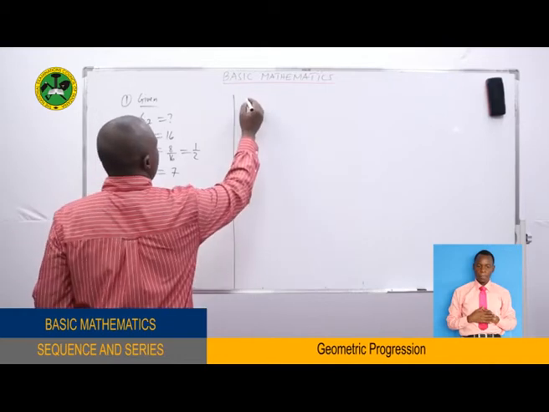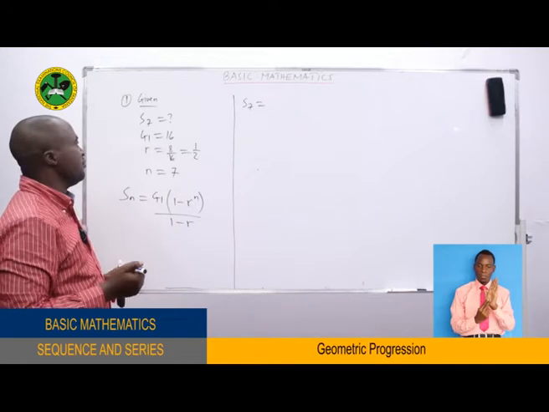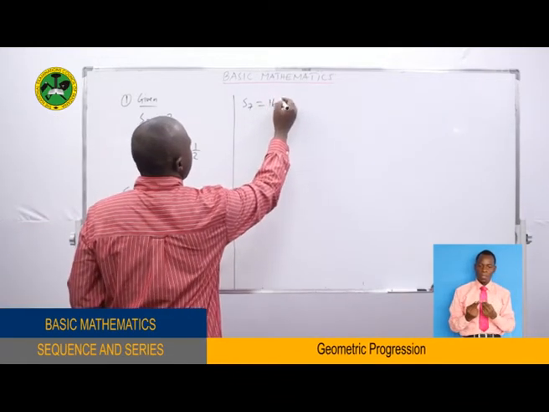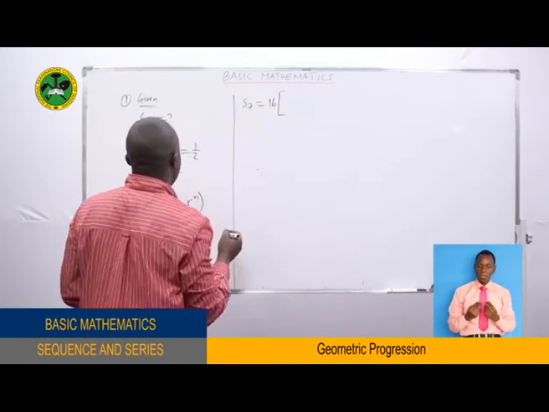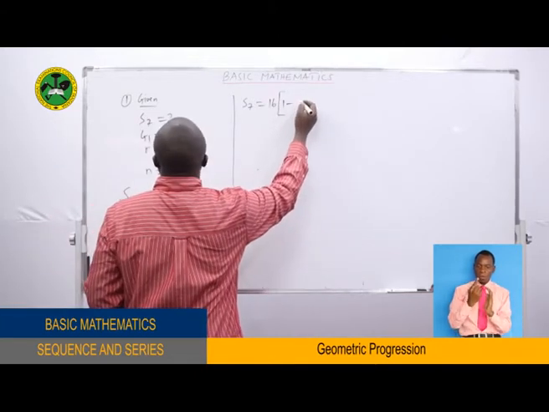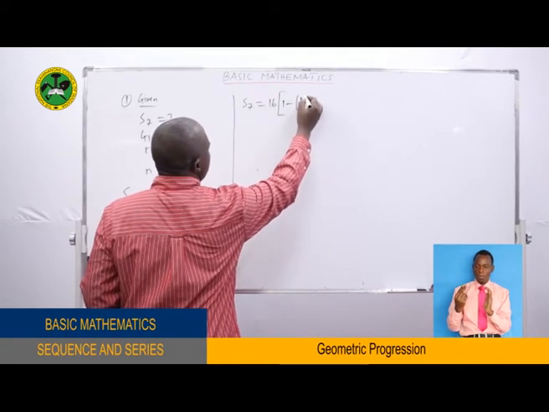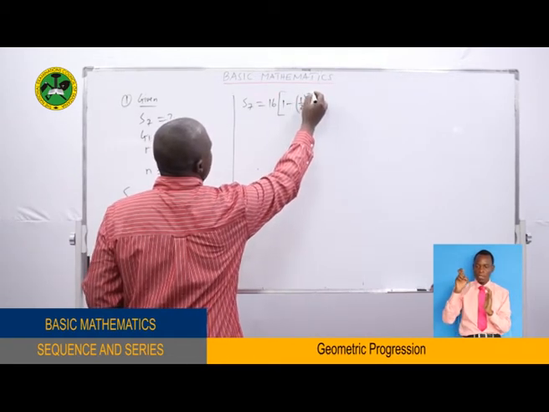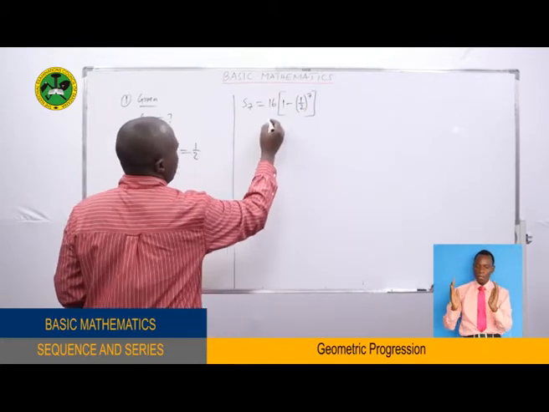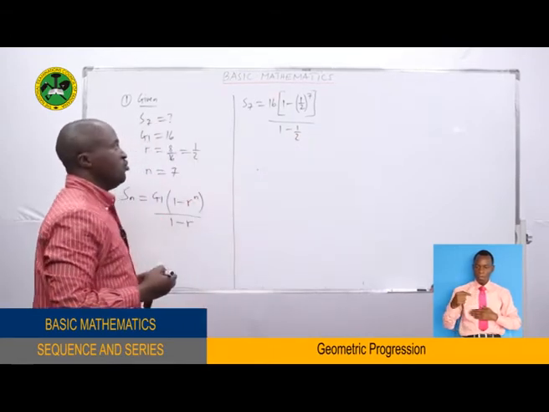So that is S7 equals, starting with G1, 16. Now bracket of 1 minus r to the power n, that is 1 minus 1 over 2, this one raised to 7. Then bracket. Of course, here we divide by 1 minus 1 over 2.